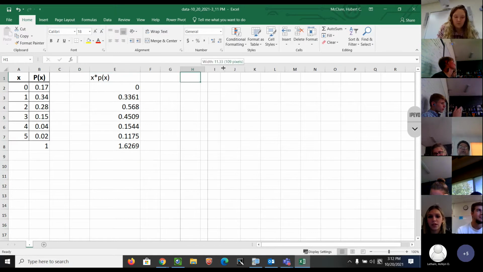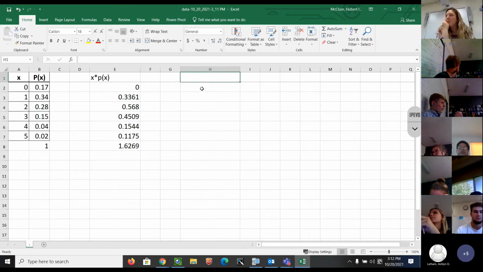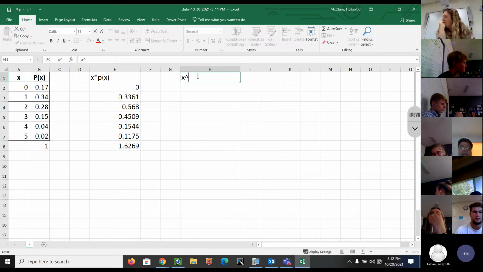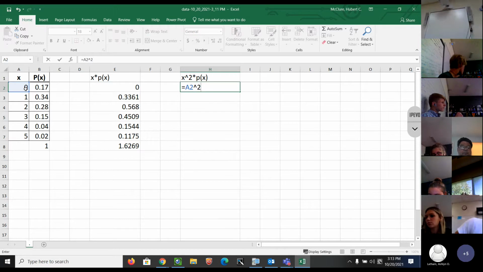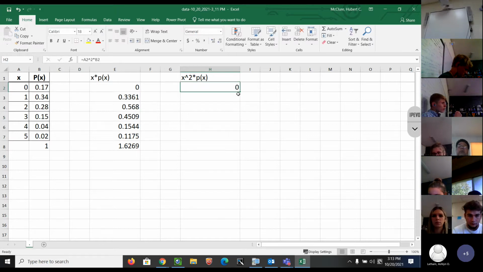And then over here, I'm going to do x squared times p of x. I'm going to just do it in one swoop. X squared times p of x. That's going to equal this number raised to the second power times this number. And I'm going to add that up.